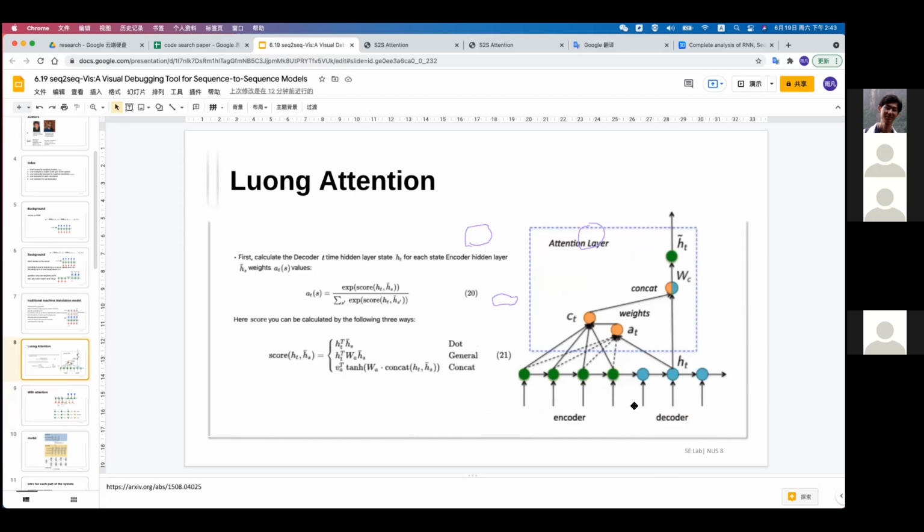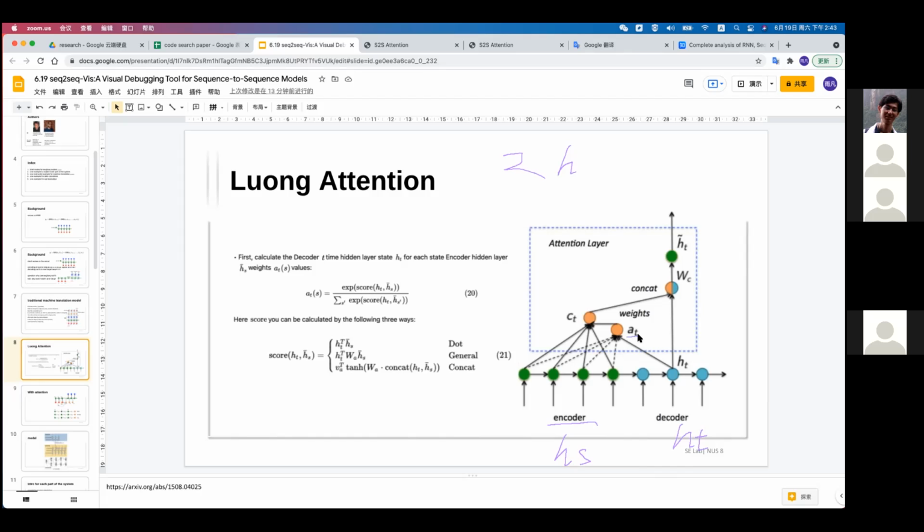Now here is a deeper picture to show what attention is. There are two hidden states. The first is in the encoder, HS, where S means source. The other is in the target, HT, where T means target.